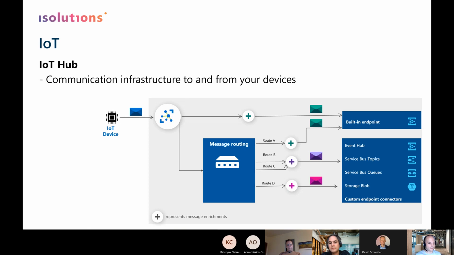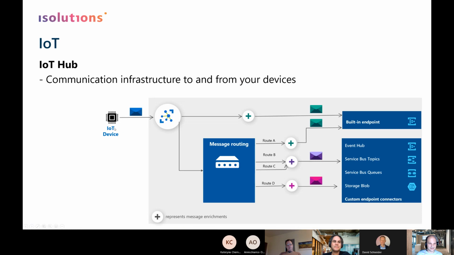The first offering you have in Azure for IoT is IoT Hub. IoT Hub is communication infrastructure. It allows you to easily send data from your device to Azure, and then to route this data, filter this data, aggregate it, and add some business rules or statistics, and it comes built in.